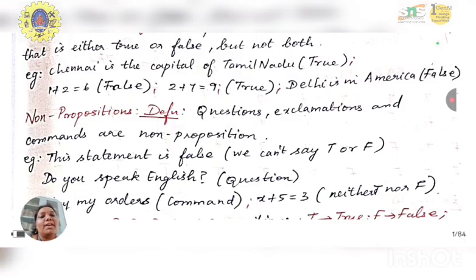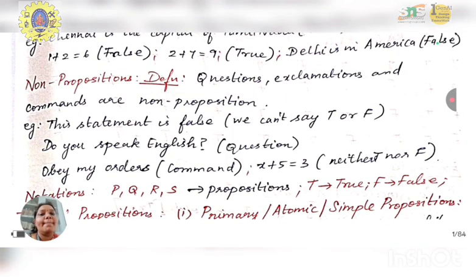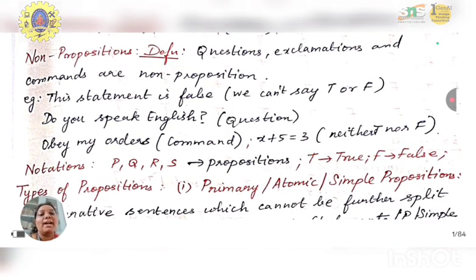So, do you speak English? It will be a question. We can say either yes or no for this answer, but we can't say true or false in this context. So like this we say this is a non-proposition. Obey my words is a command, so it is also a non-proposition condition.